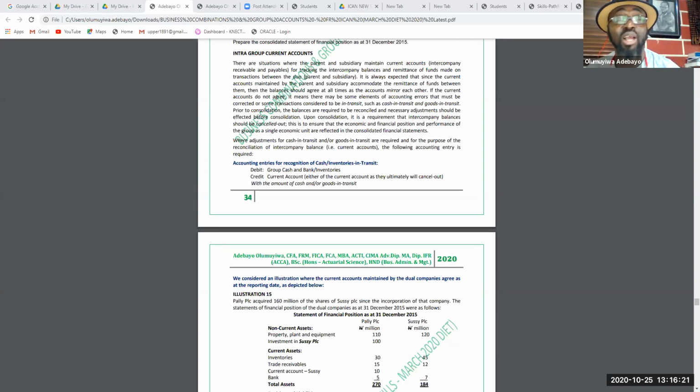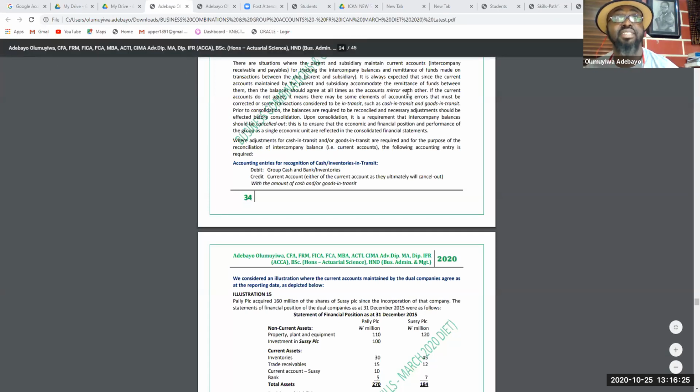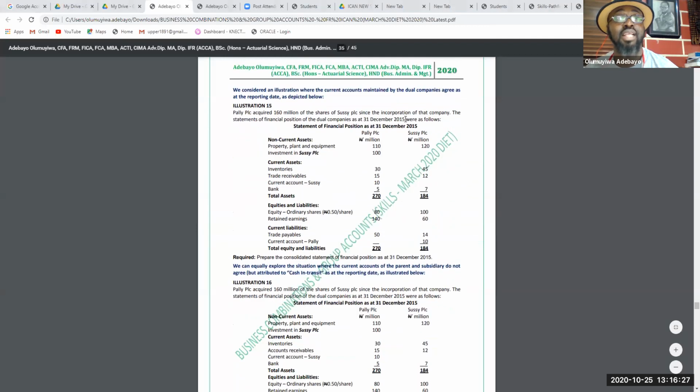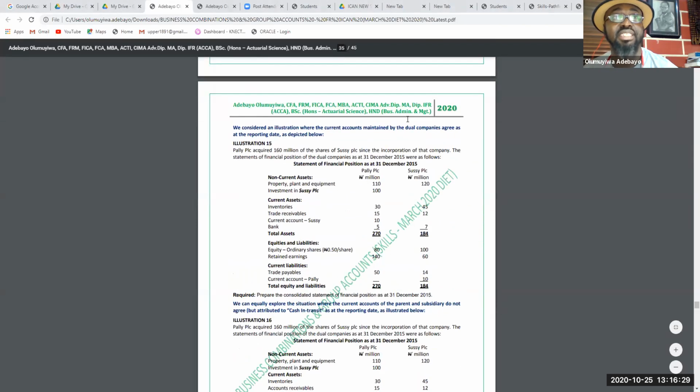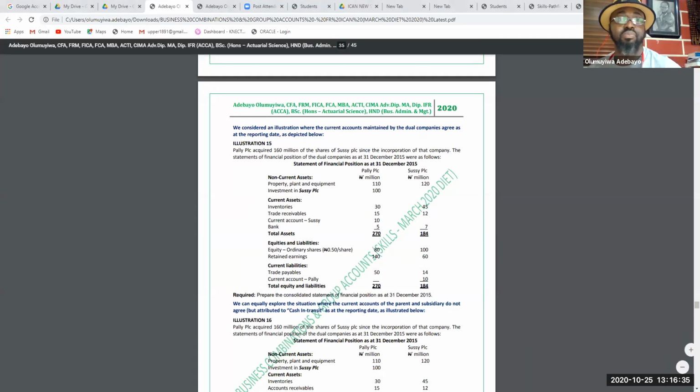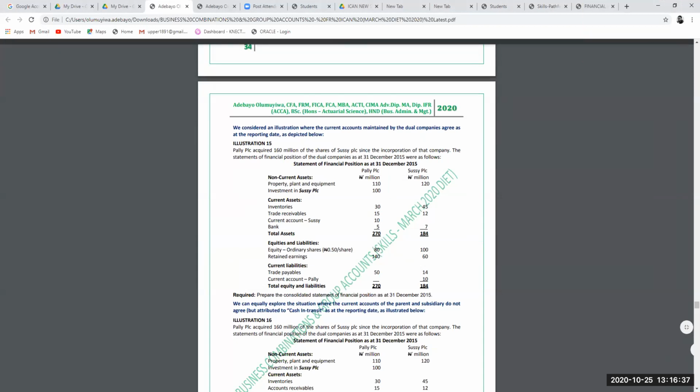Doing that, we are going to look at Illustration 15, which we have here. Can somebody read Illustration 15 and let us solve it? Illustration 15.